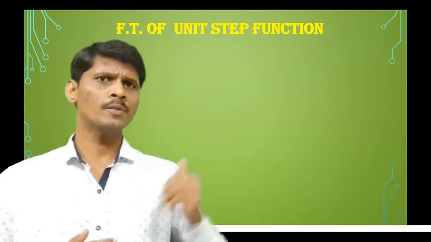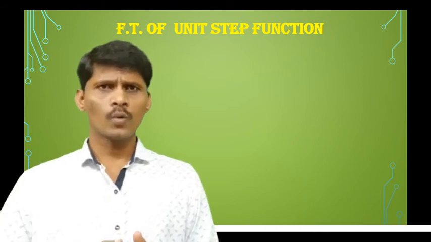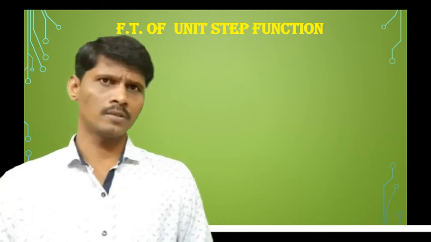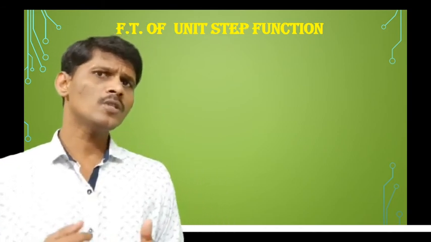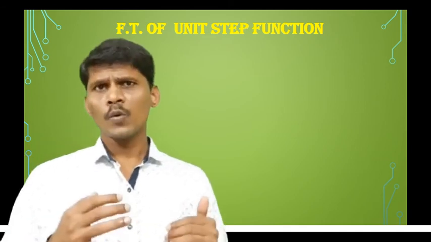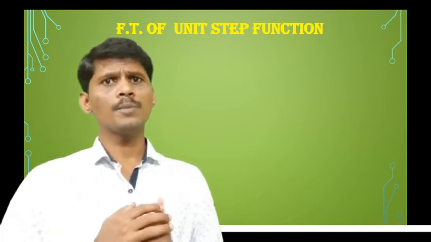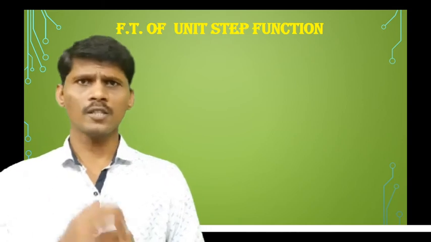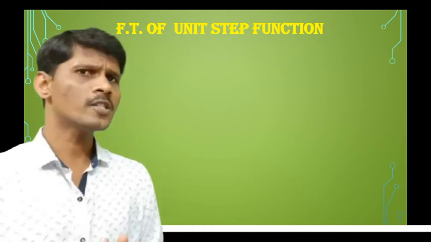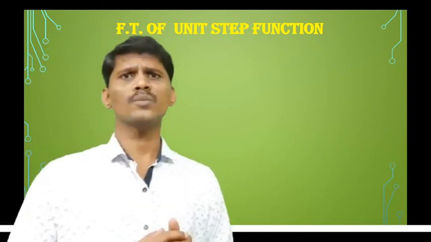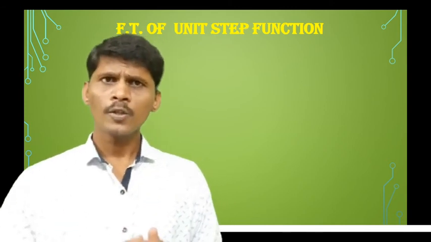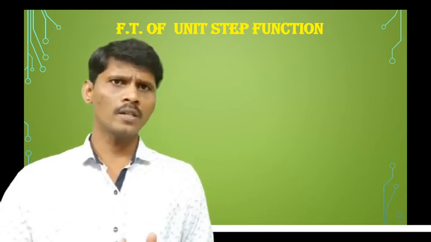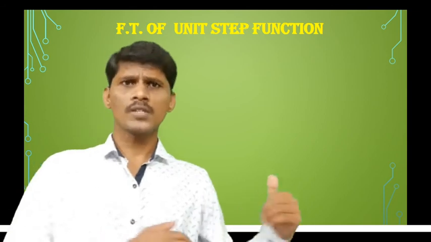The second method is using the relationship between the unit step function and the signum function. What is that relationship? Signum of t is 2 u of t minus 1. Now we are going to discuss the second method.